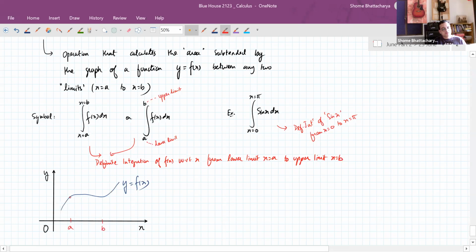Then this area subtended by the graph of the function between the two vertical lines x equal to a and x equal to b is actually calculated by this operation.